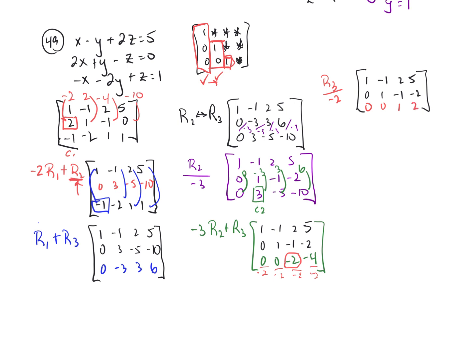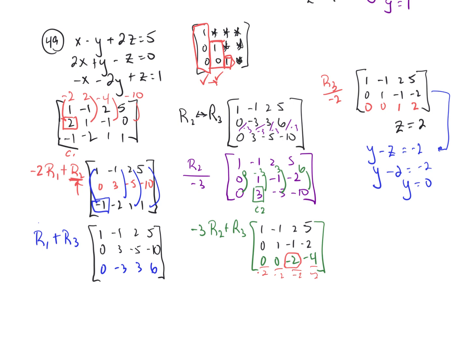That means we have row echelon form. Why do we have that? Because we now know a letter. We know that z is equal to 2. The second row says y minus z equals -2. So if I substitute that 2 in there, I get y is 0.